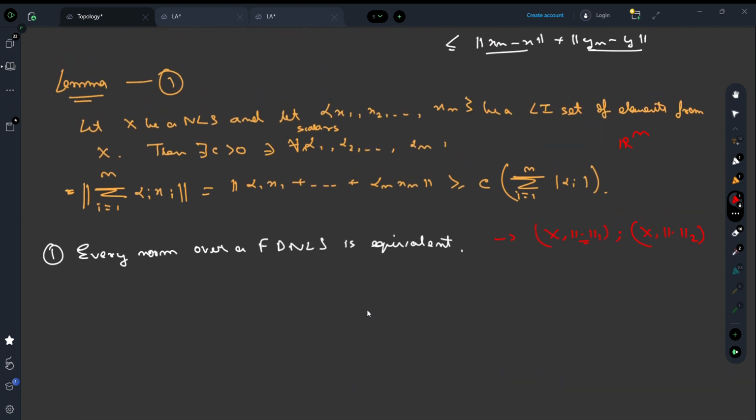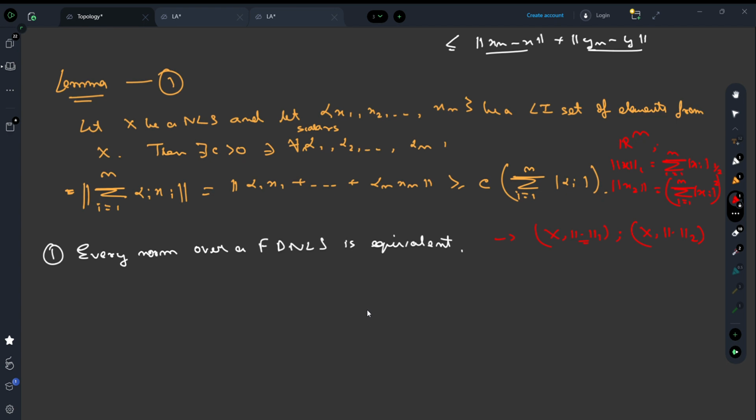For example, if you consider R^n, the n-tuples of R, then you can induce two norms on it. One is called the standard norm, which is typically the sum of the modulus of each component. And then you have the 2-norm, which is the square root of the summation of the squares of each component.